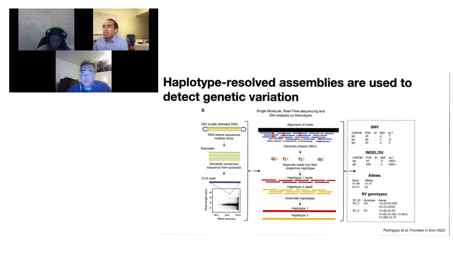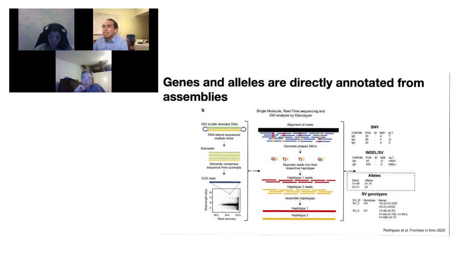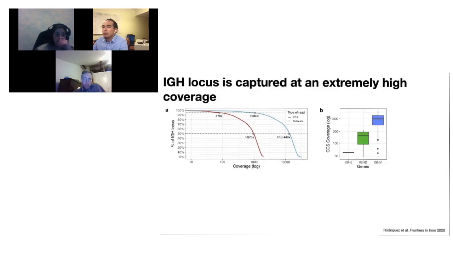These locus-wide assemblies are then used to detect genetic variants across the whole locus, such as SNPs, indels, and structural variants. Indels and structural variants that are resolved within the assemblies are detected using a multiple sequence alignment and a hidden Markov model that models different structural variant events. Additionally, alleles are extracted from the assemblies and compared to the IMGT database to annotate which alleles are present in the sequenced sample.